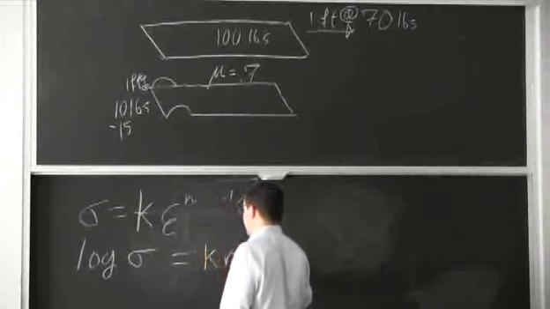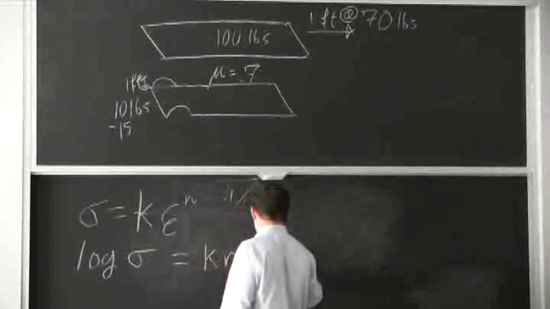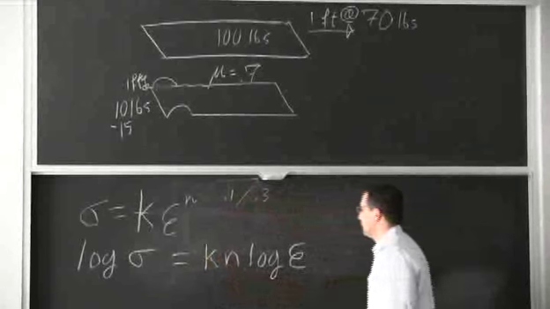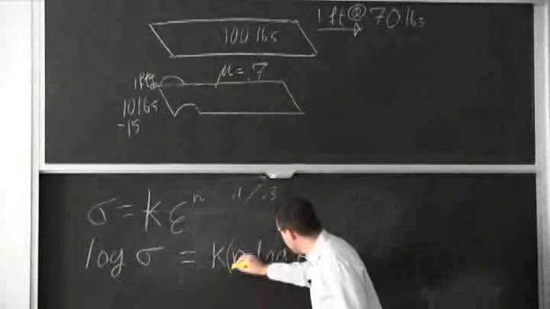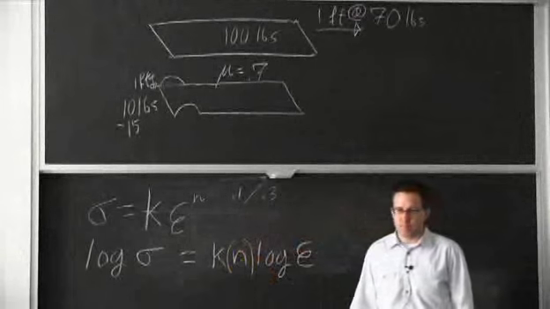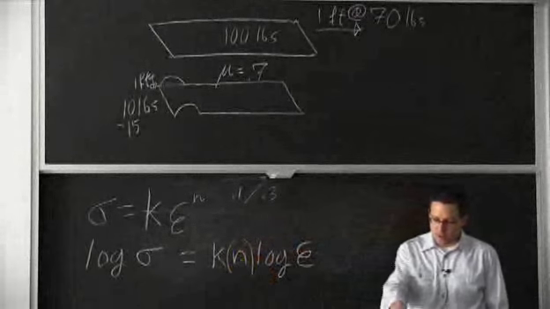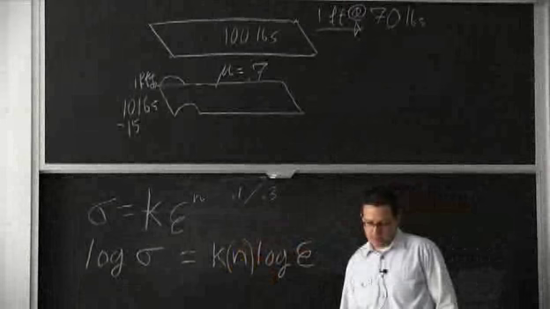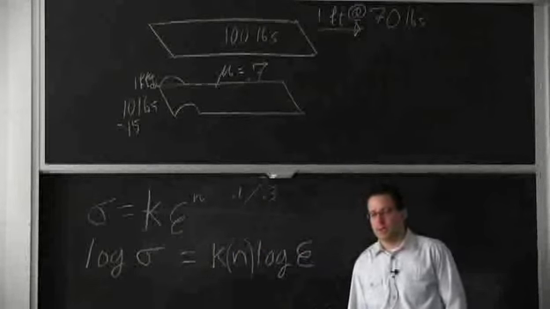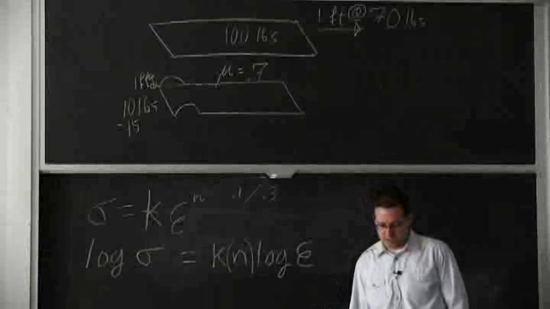So I'm going to have the log of the strain. So this value here is the slope. And that's really what this schematic is showing you, that they looked at the slope to know how much hardening the aluminum has.